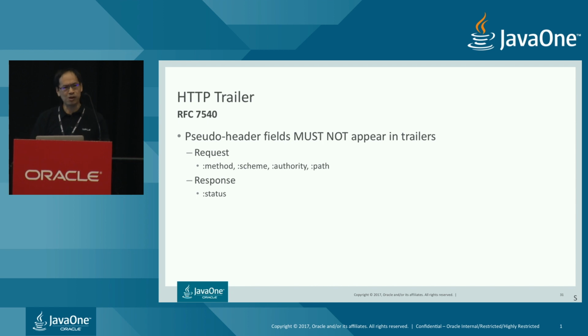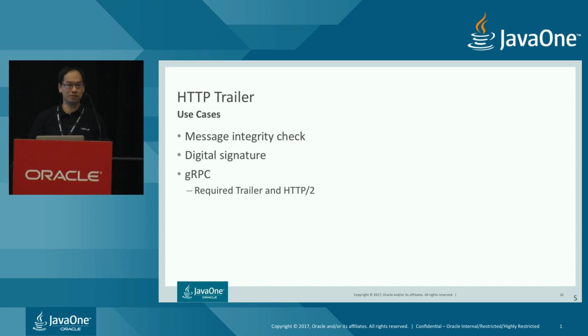Now, then we have a question: why do people want to do this? Can you think of any use case why people try to do this? Yeah, good. Checksum is one of the things. Then the other thing will be the digital signature, right? And we have more. And we have one pretty popular use case recently.